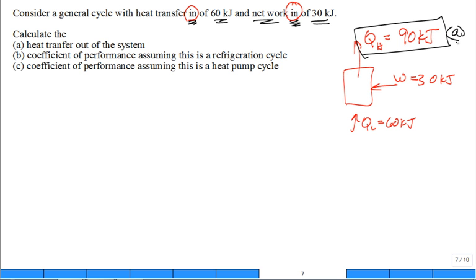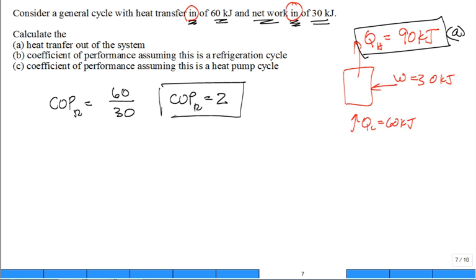What's the coefficient of performance, assuming this is a refrigeration cycle, COP refrigeration? It's going to be what I desire, 60 on the QL, divided by what I had to provide, 30. So the COP for refrigeration is 2.